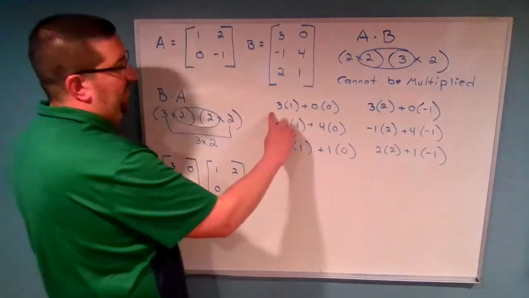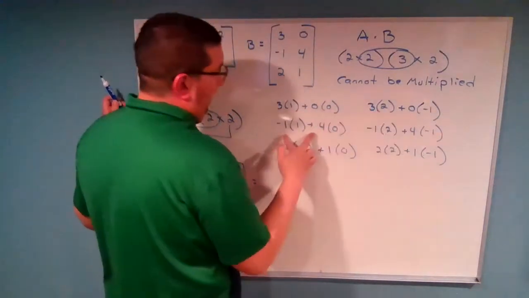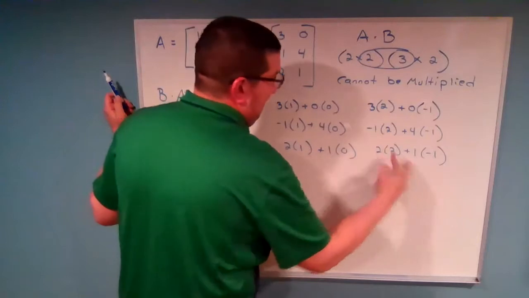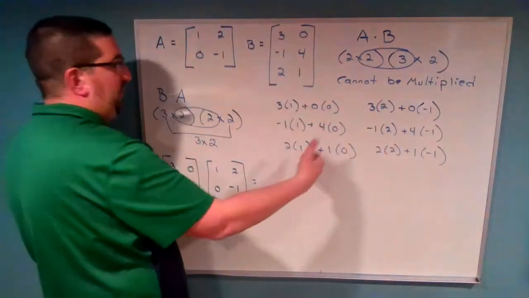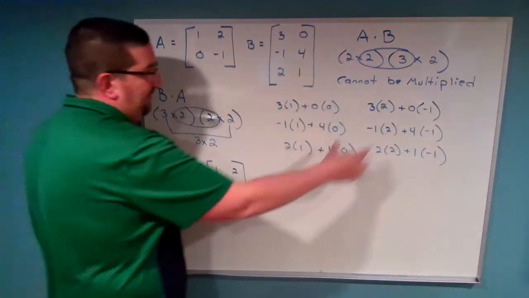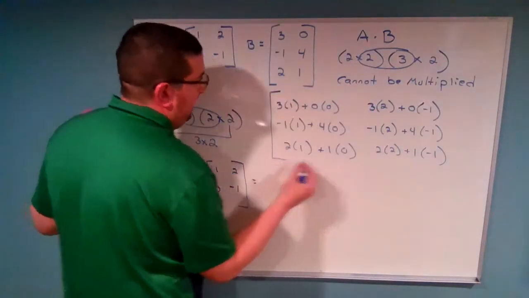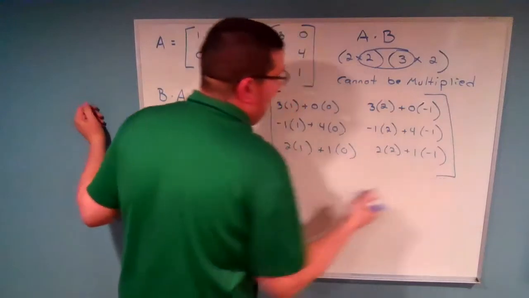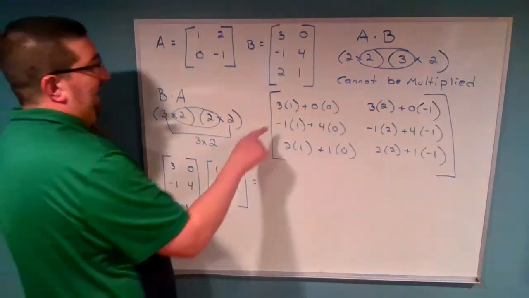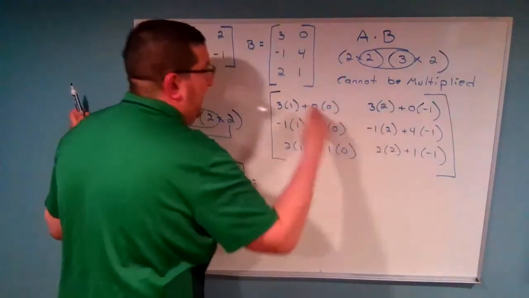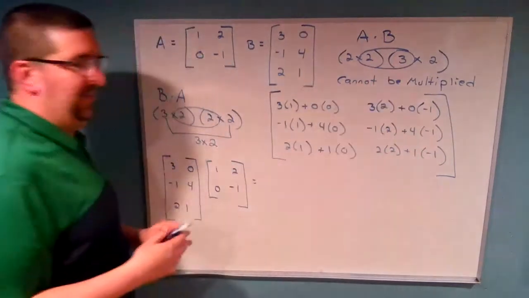The numbers out in front of the parentheses are going to be the same horizontally. I keep that in mind to make sure that I'm not messing up. I look at the patterns over here. So this is going to be how I get my 3 rows and 2 columns of my new matrix.